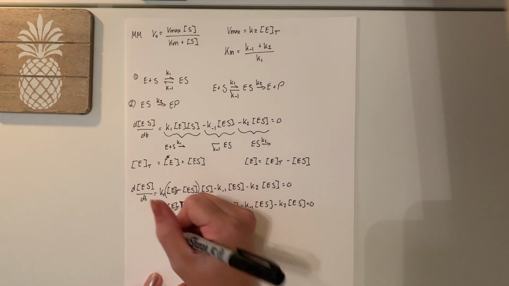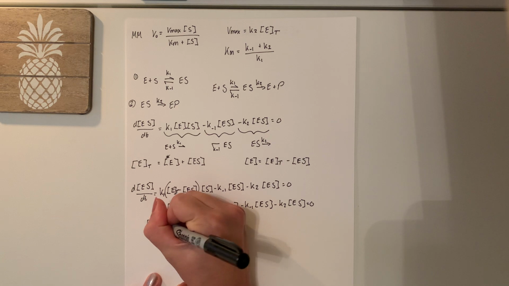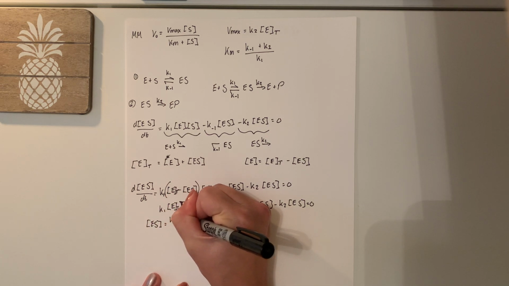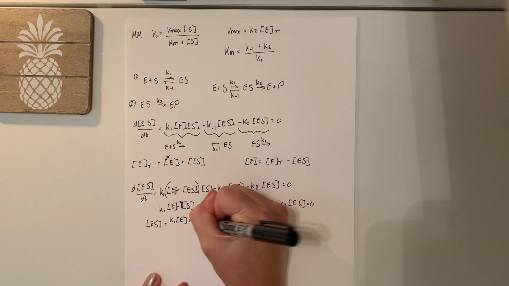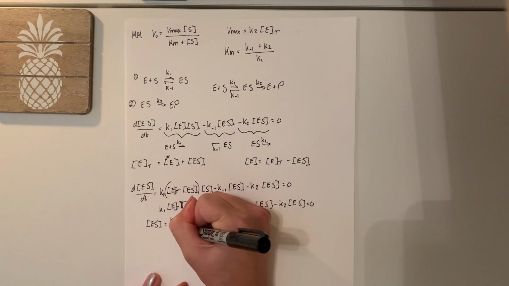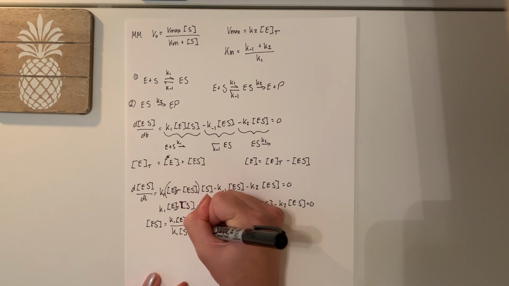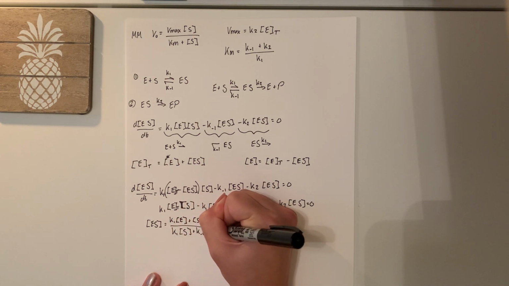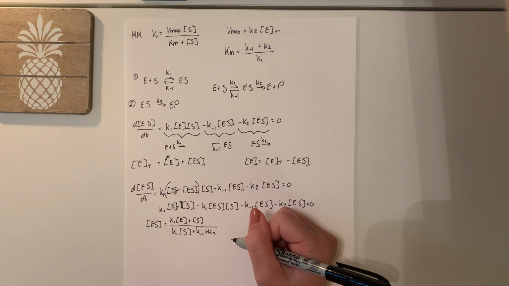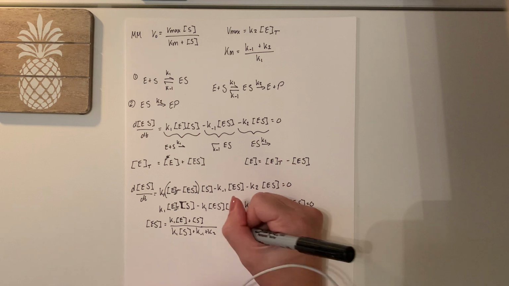Okay, break that down a bit further. And then we're going to multiply the top and the bottom both by 1 over K.